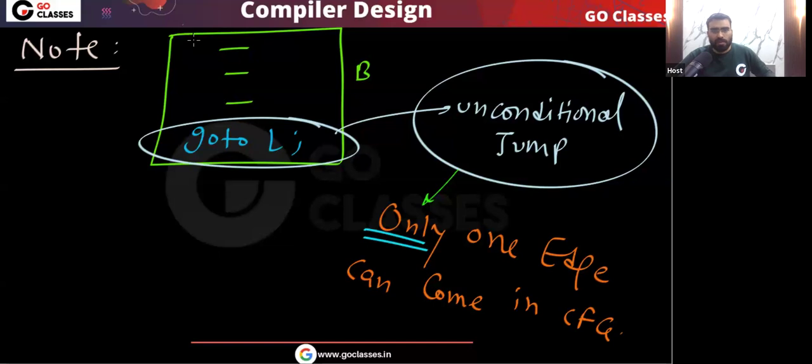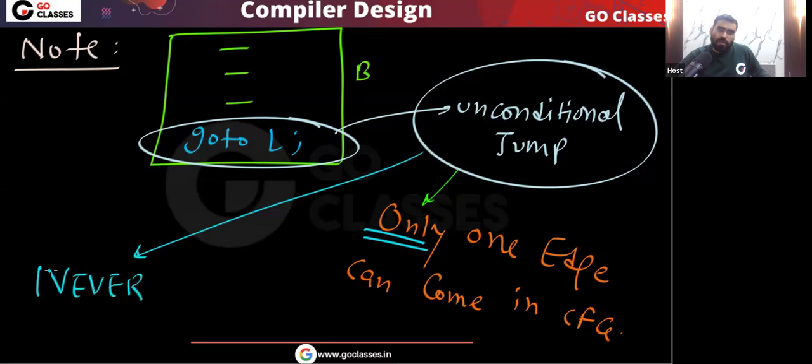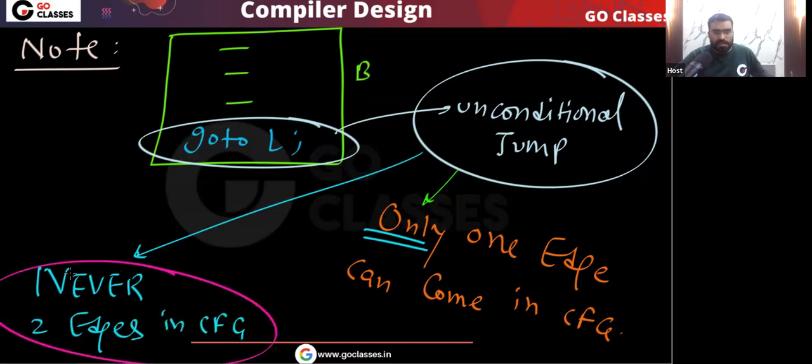Please understand, only one. Never two. Never two edges in the CFG. Because of an unconditional jump, never put two edges in the control flow graph.